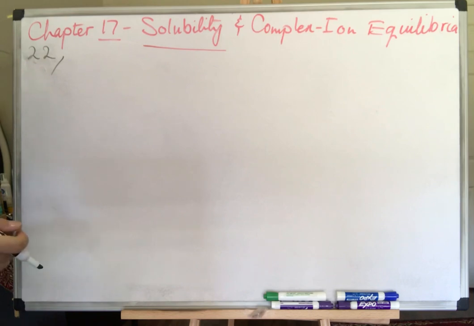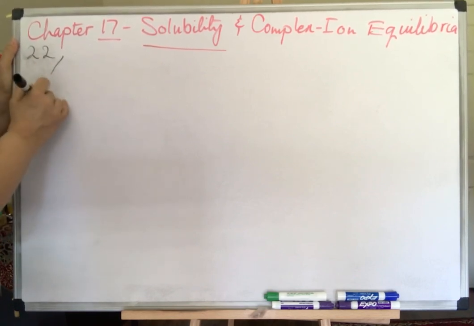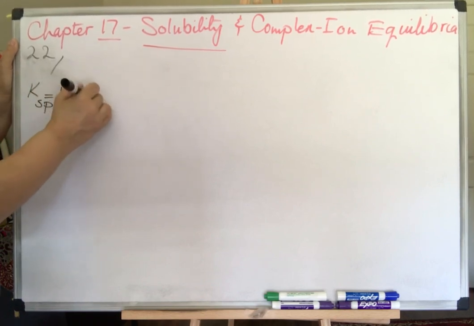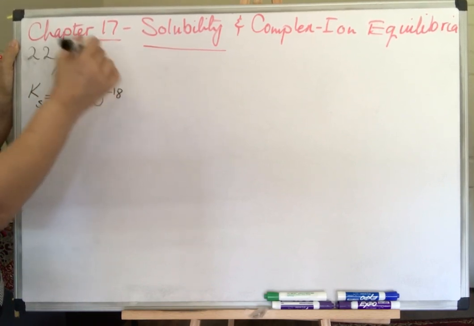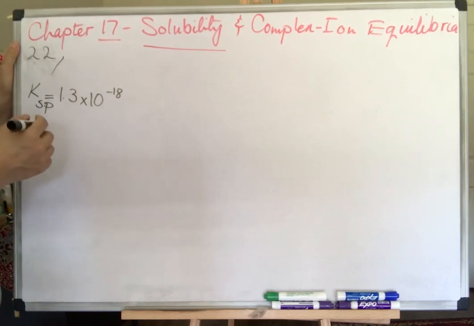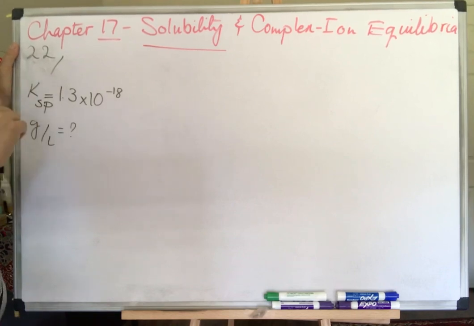Calomel, whose chemical name is mercury 1 chloride, was once used in medicine. It has a KSP equal to 1.3 times 10 to negative 18. It shows that KSP is very low, so the solubility is very low. What is the solubility in grams per liter?